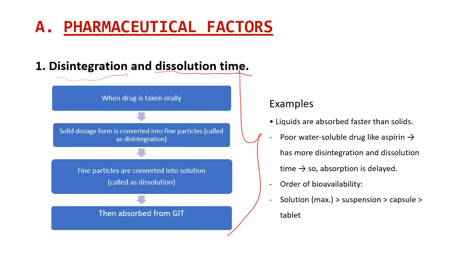You can see the same thing in the graph. Example is liquid dosage is fastly absorbed, hence solution is more absorbed than suspension, then capsule, and then tablet. Example is aspirin. Hence, liquids are absorbed faster.